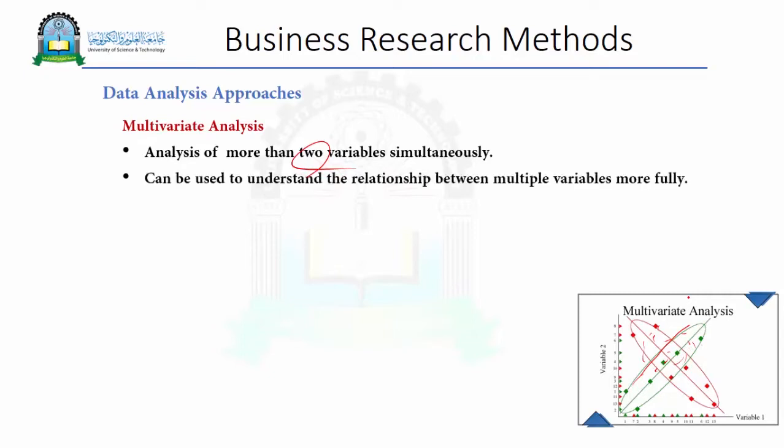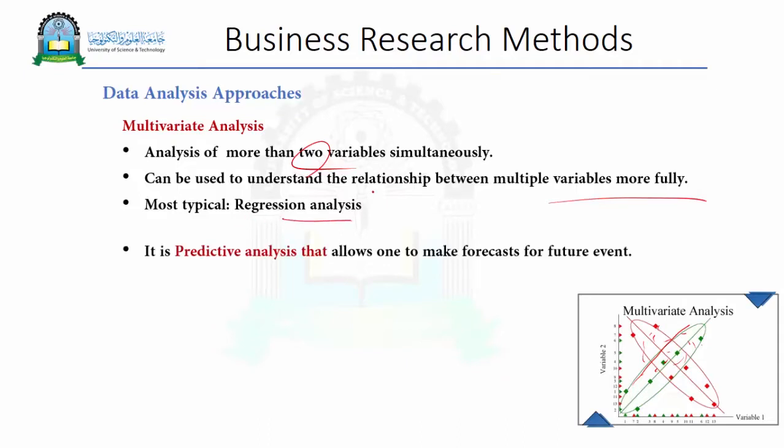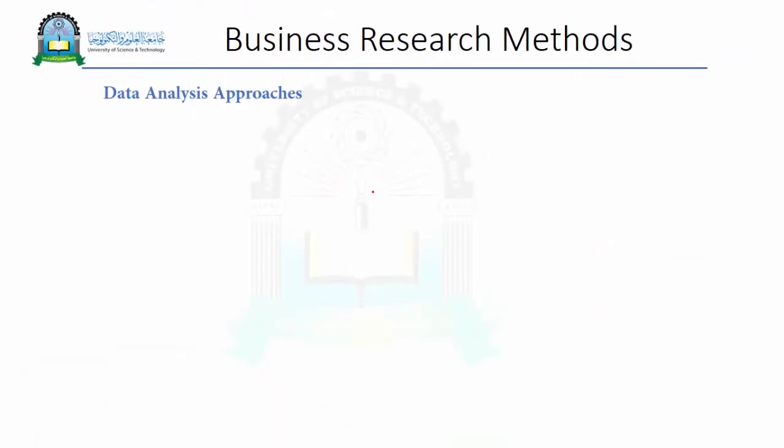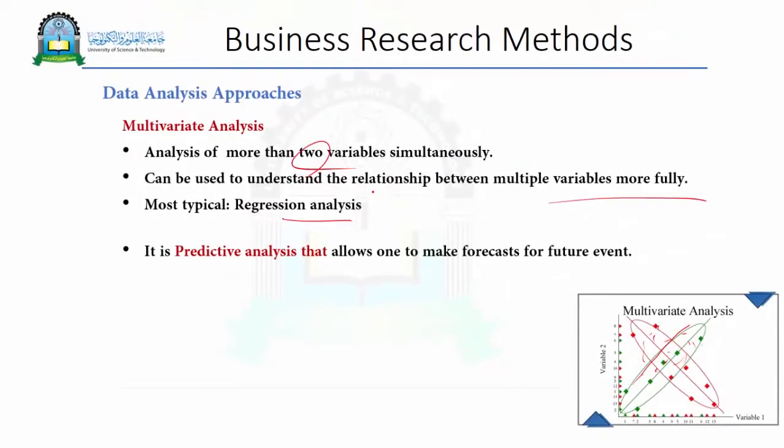So it can be used to understand the relationship between multiple variables more fully if we have different effects for one result or one outcome. It is typically used with regression analysis, particularly multiple regression analysis. It is a predictive analysis that allows one to make forecasts for what we call future events.